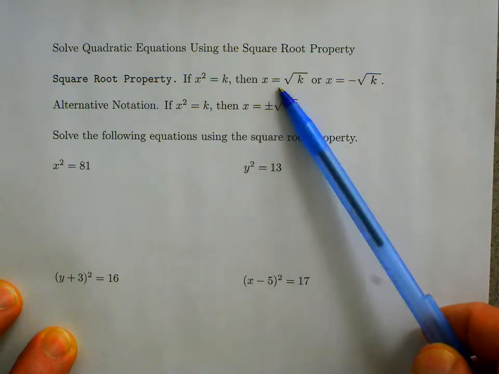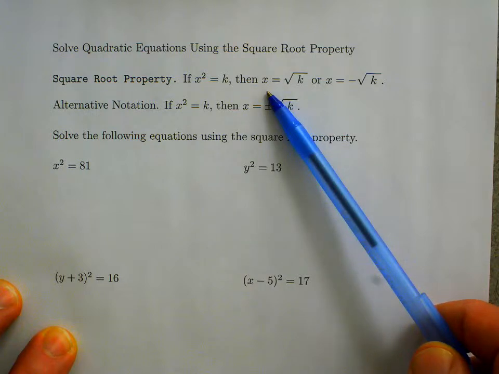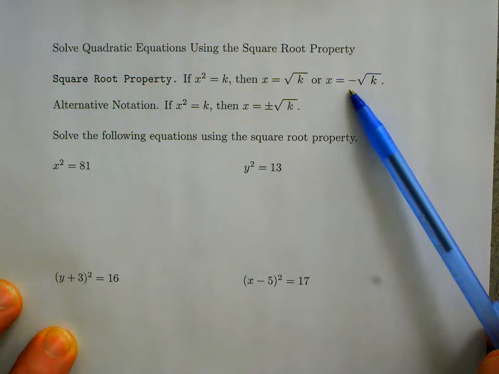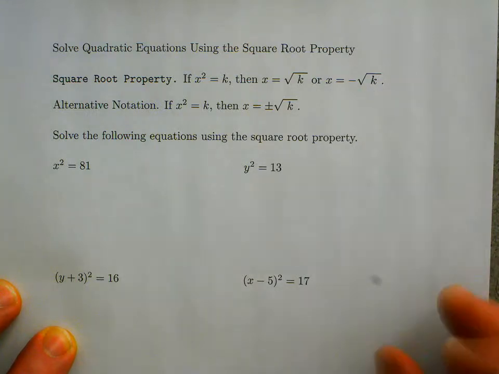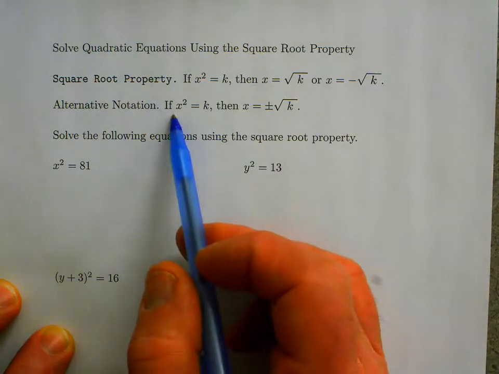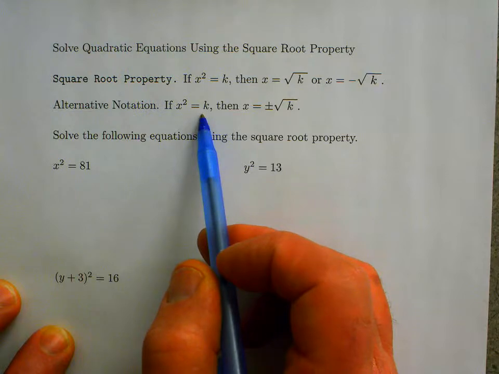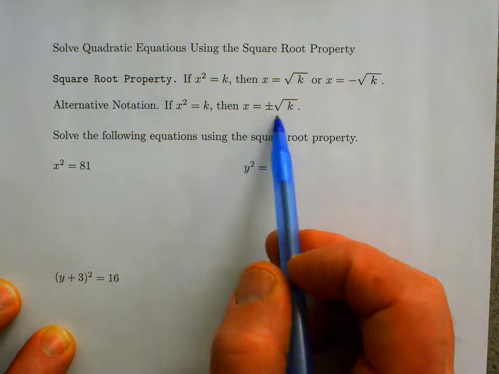Either x is equal to the positive square root of k, or x is equal to the negative square root of k. And an alternative notation, if x squared equals k, then you can write x equals positive or negative square root of k.